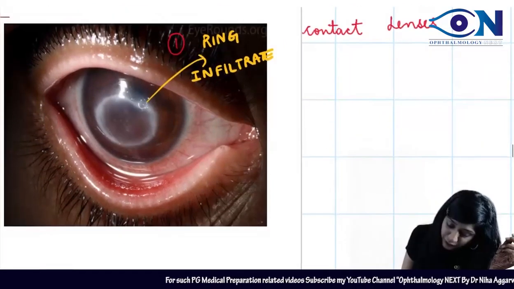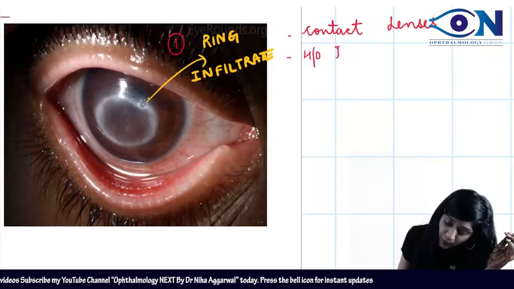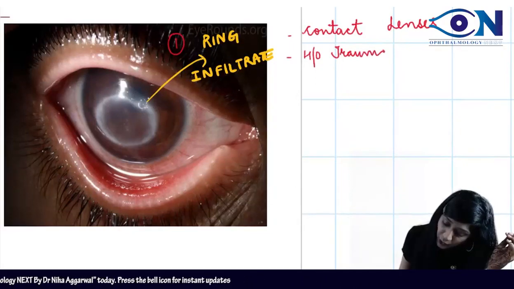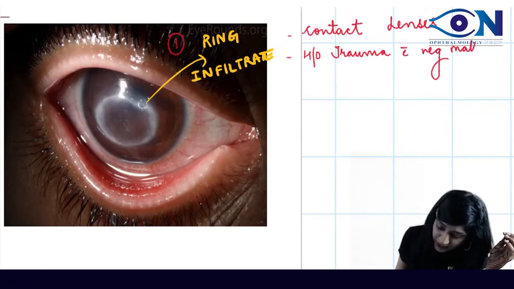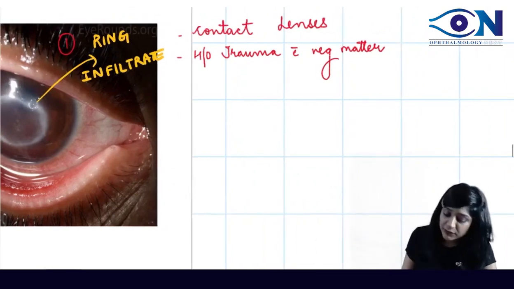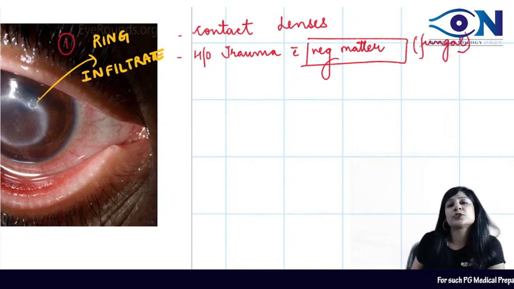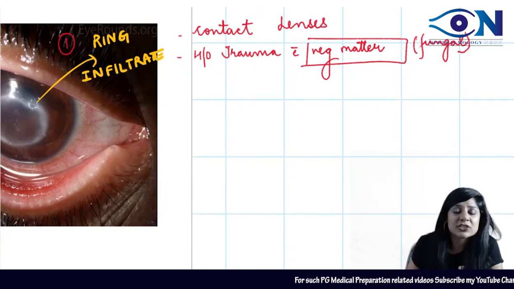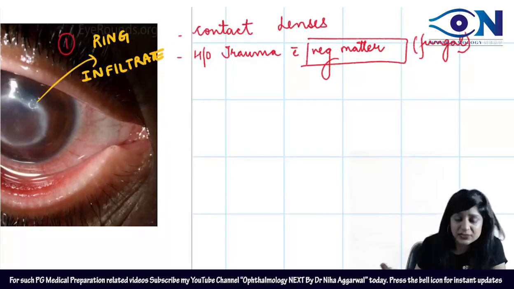Then if you are getting a history of trauma with vegetative matter, now we may confuse it with a fungal ulcer, because fungal ulcers are also caused by trauma with vegetative matter. But here we will have to differentiate it.